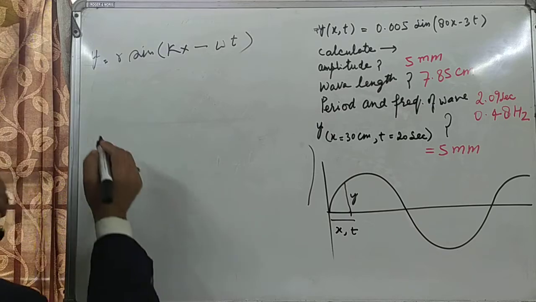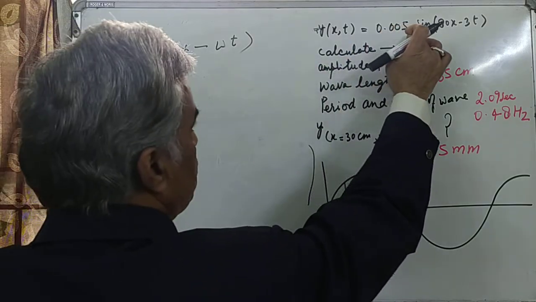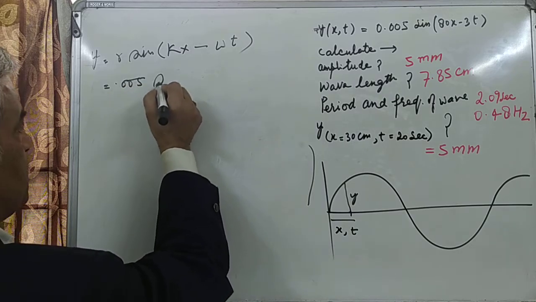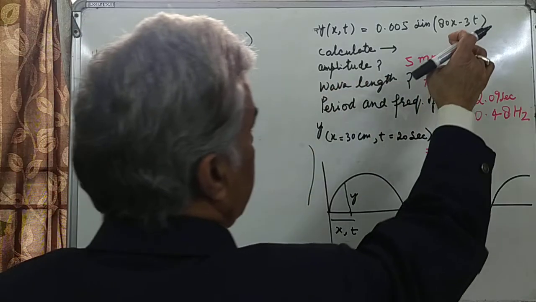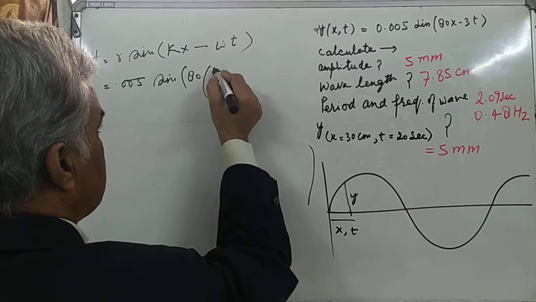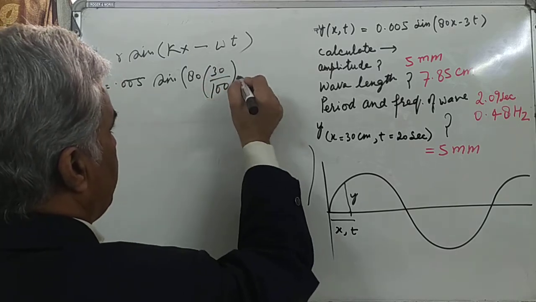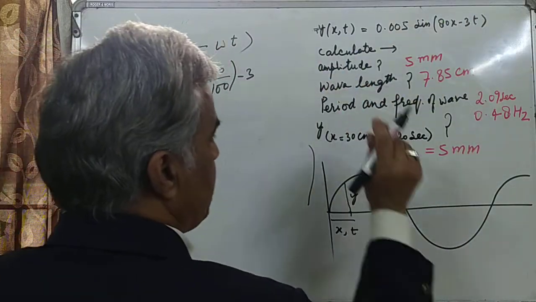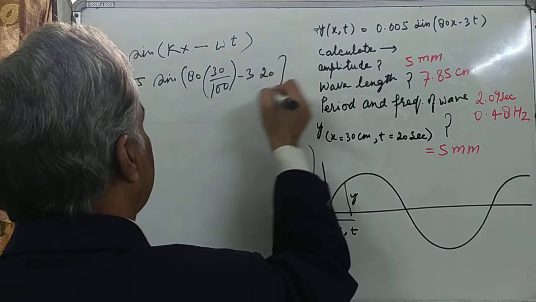So here r is 0.005 meter, sin of k, which is 2 pi by lambda, so k is 80, and x is 30 centimeter. In SI unit, 30 upon 100, minus omega which is 3, and time t is 20 second.